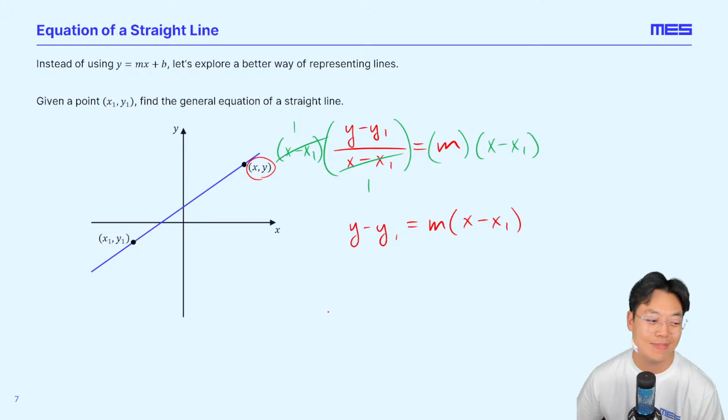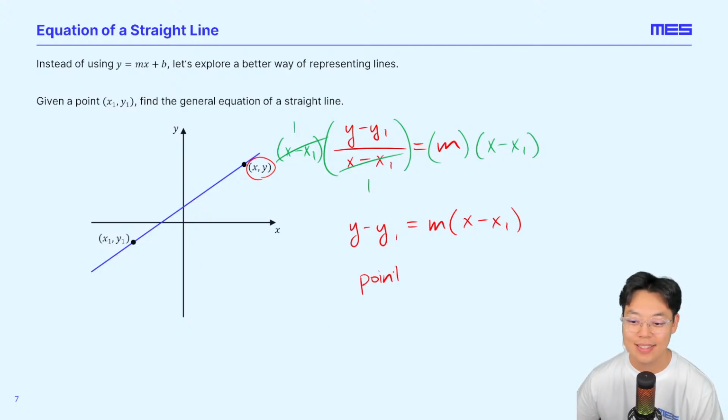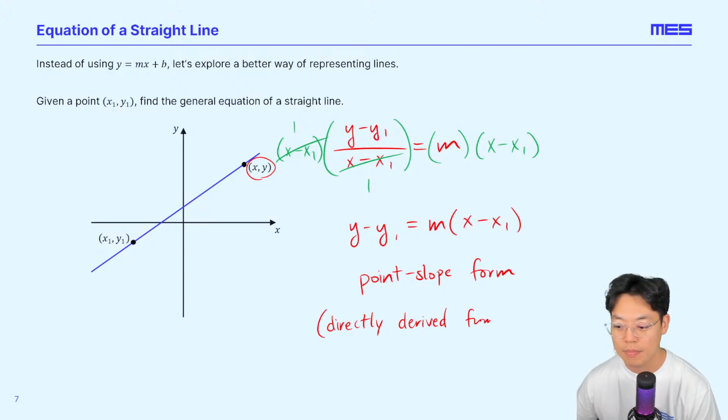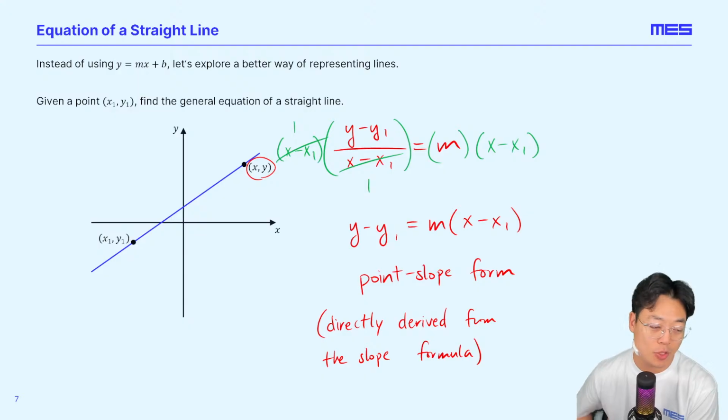And then, students, this is what we call point-slope form. It is directly derived, meaning coming from, the slope formula. The slope formula was y sub 2 minus y sub 1 all over x sub 2 minus x sub 1.